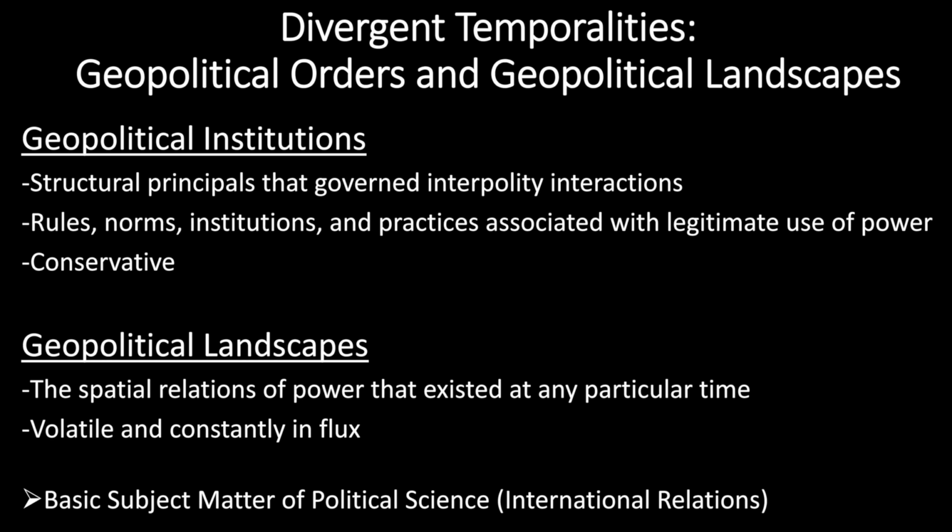And then more broadly, we have geopolitical institutions, which are more longer lasting, and conservative in the sense that they don't tend to shift quickly. I'm definitely not making a political conservative kind of argument.